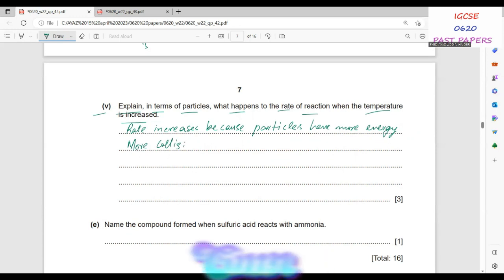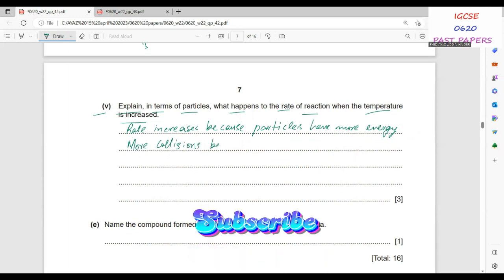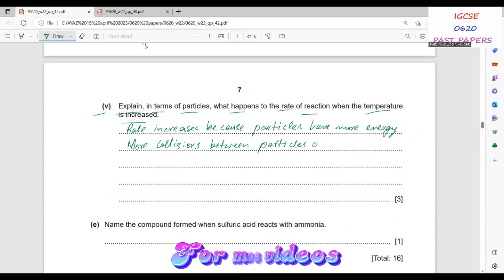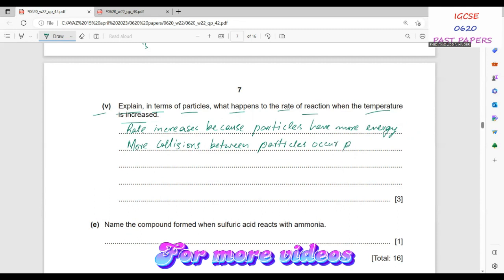More collisions between particles occur per second.